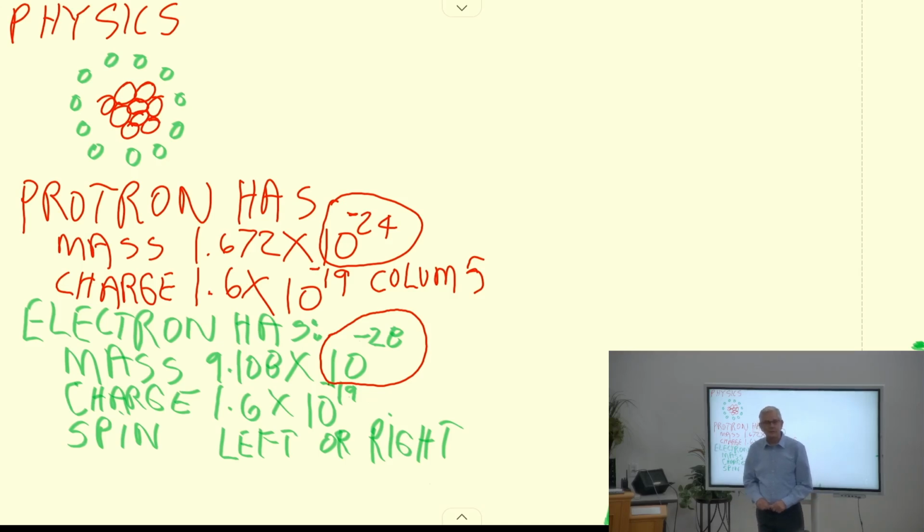What are some of the other forces? Yeah, magnetism. Spin relates to magnetism. An electron can have either left spin or right spin, and that's how we get north and south poles on a magnet.